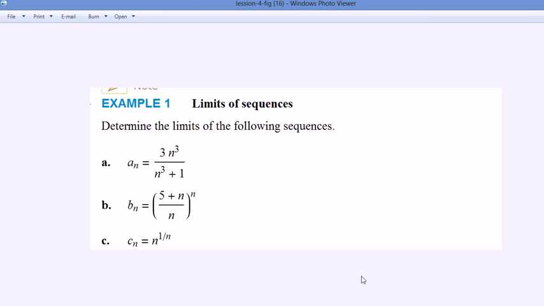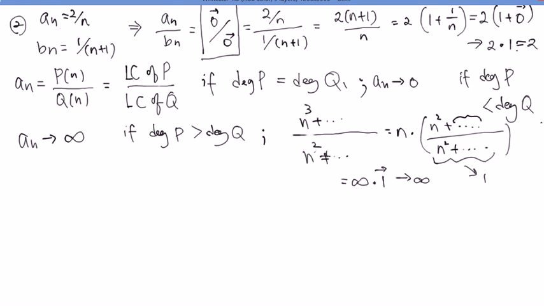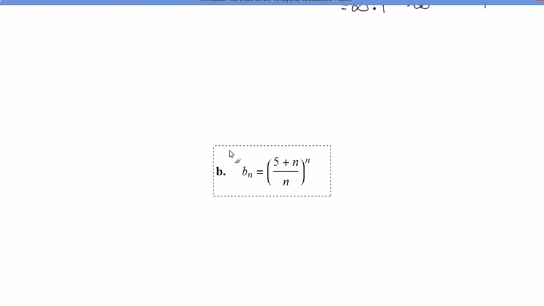So the hard thing is this second one. Who has an idea about this one? First of all, is this an indeterminate form or something else? What happened to the base here? It is approaching 1, don't you think?